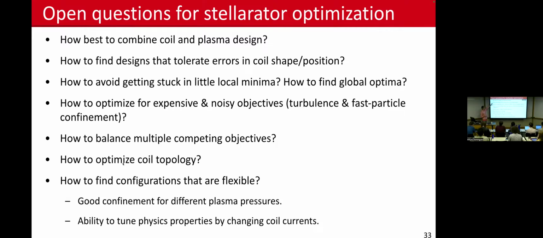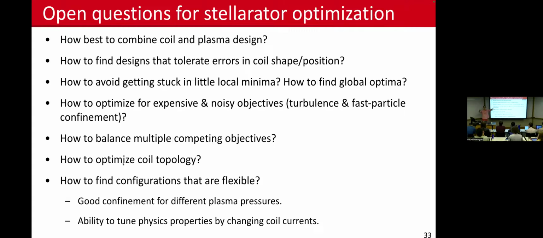We talked a little bit about stochastic optimization, which is how we try and find configurations that can tolerate manufacturing or assembly errors when you actually try and build these things. And there's lots of other stuff. How do you do global optimization in these spaces? How do you optimize when your objective is actually not this smooth function in space, but is super noisy and terrible?